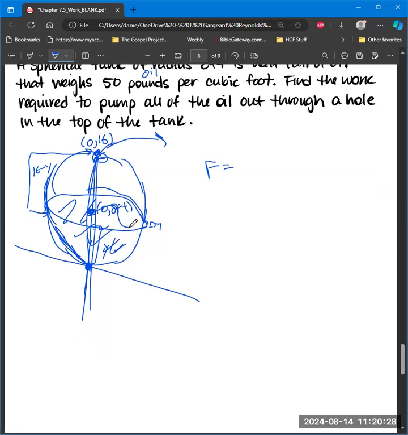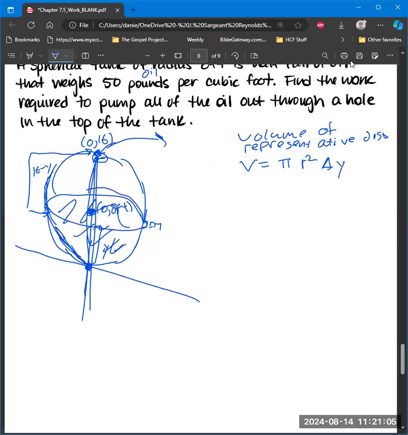We find the volume of this little slice here. Let's go ahead and show some of that. So the volume of a representative disk, V equals pi r squared, and my h is going to be my delta y.